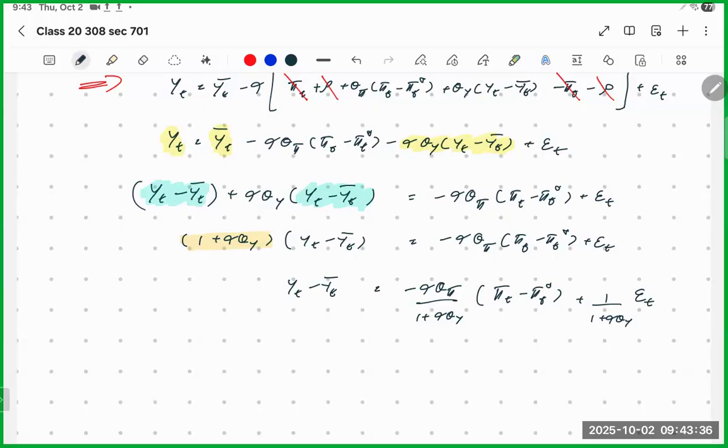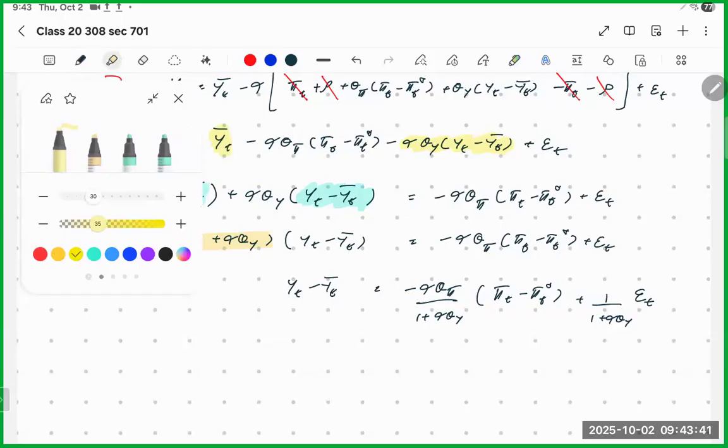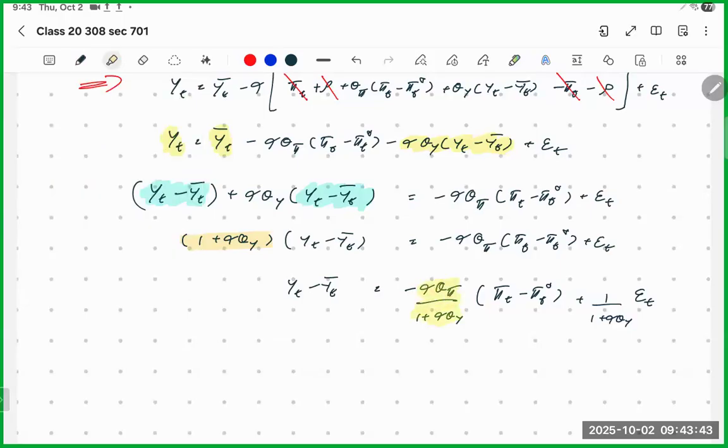Then I want to get rid of this one. It's quite big, quite complicated. I'm going to call it A.